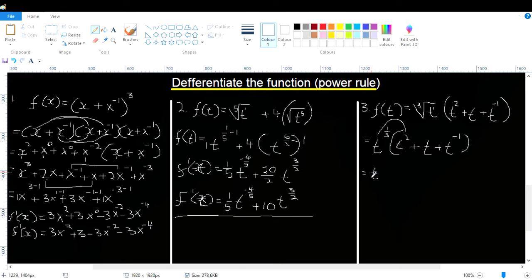So here let's just add 1 over 3 plus 2, which is 7 over 3, times t. So basically here we are multiplying everything inside the brackets by this t to the power 1 over 3.